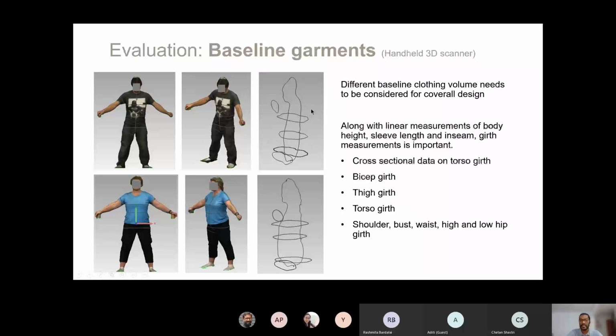That is known as the torso girth, and also the girth or cross-sectional measurements of areas like the biceps, the upper thighs, and the upper hip and lower hip areas, which are traditionally not taken into consideration, but are very important factors that should be included in the measurement chart for the new coverall development.